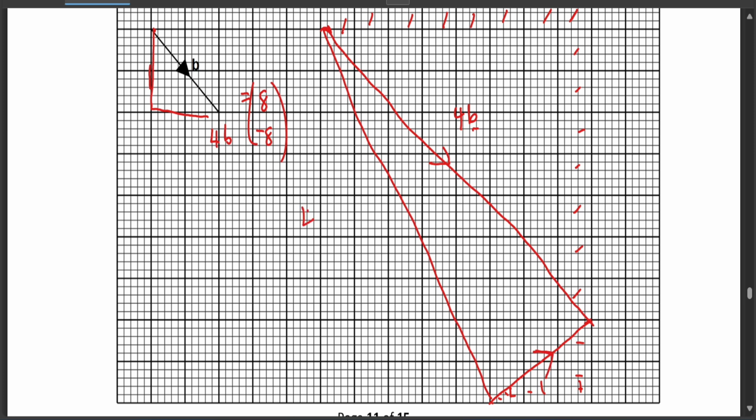This is now your 4b minus A. So going from here to here you have to pass through 4b, then pass through A. But when you pass through A, you are going against the direction. Therefore it means 4b minus A. So that is how you draw it.